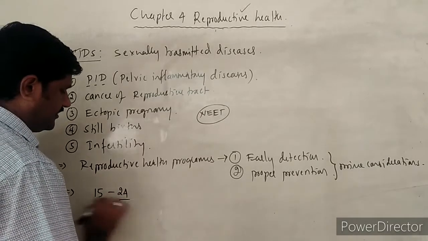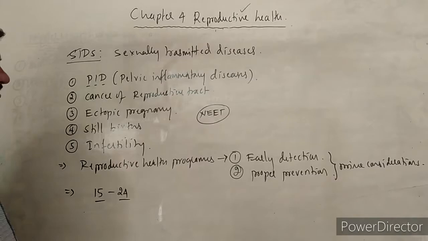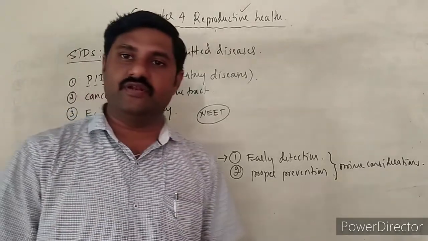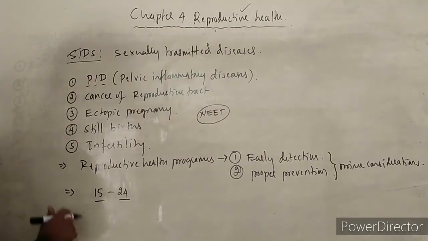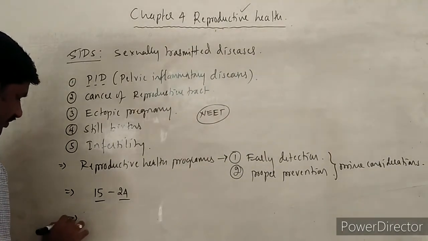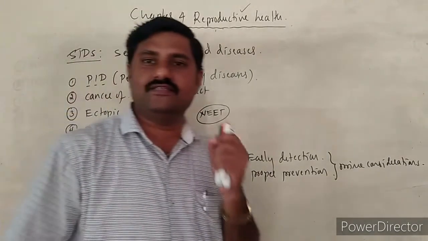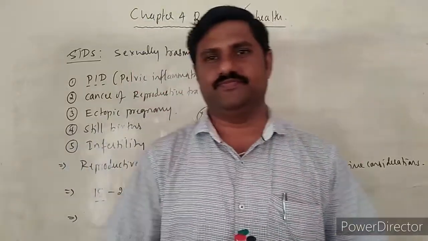So in this age these persons are more vulnerable compared to other age groups, right? So this is also one more point. And these diseases are easily prevented, right?